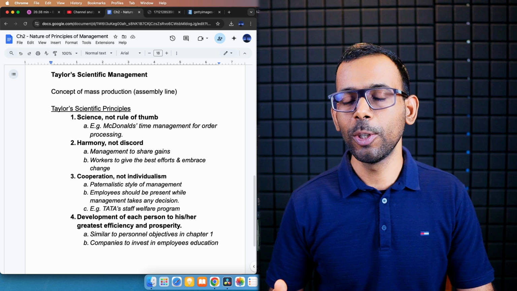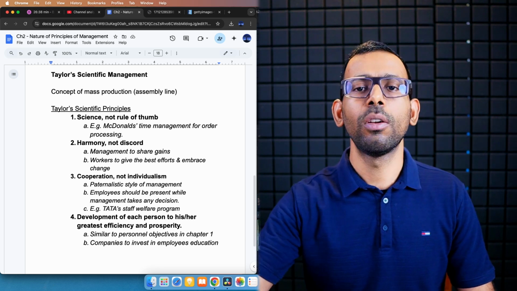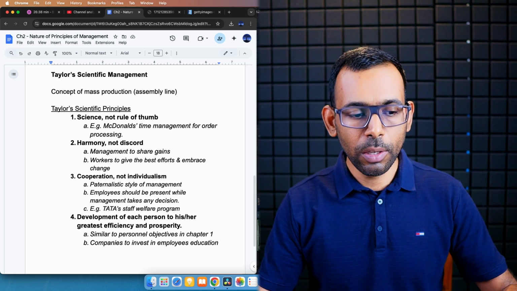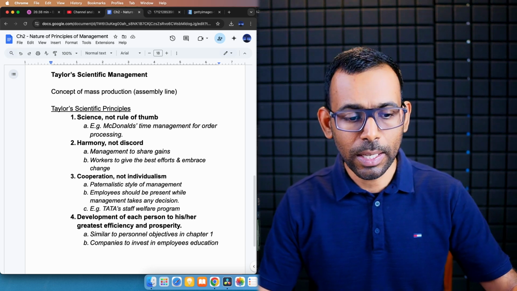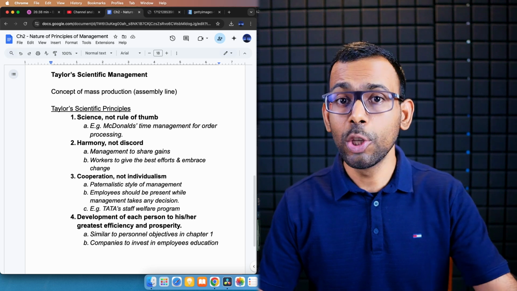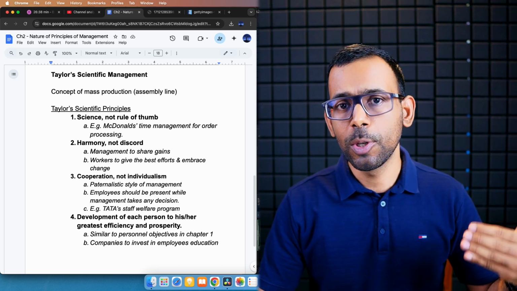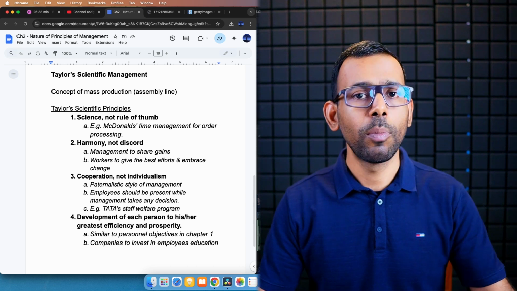So management should act like a father figure and take care of the employees. They should give them sometimes a salary advance, some loans, some insurance. A lot of staff welfare mechanisms are there, and management should be willing to do that for the employees.